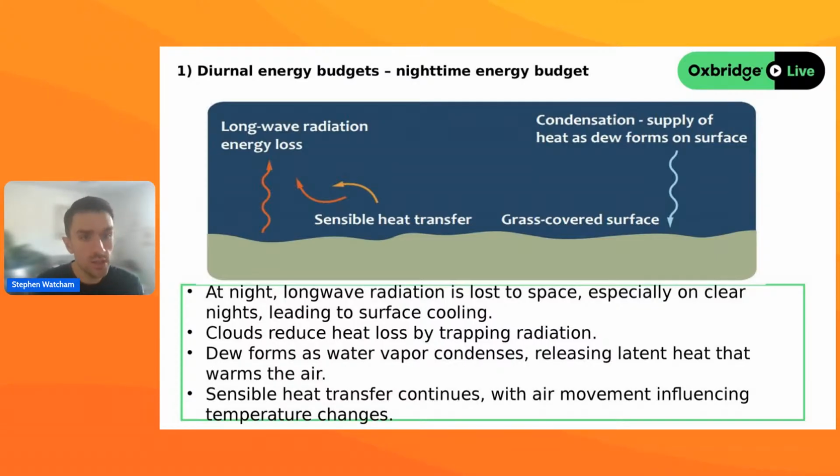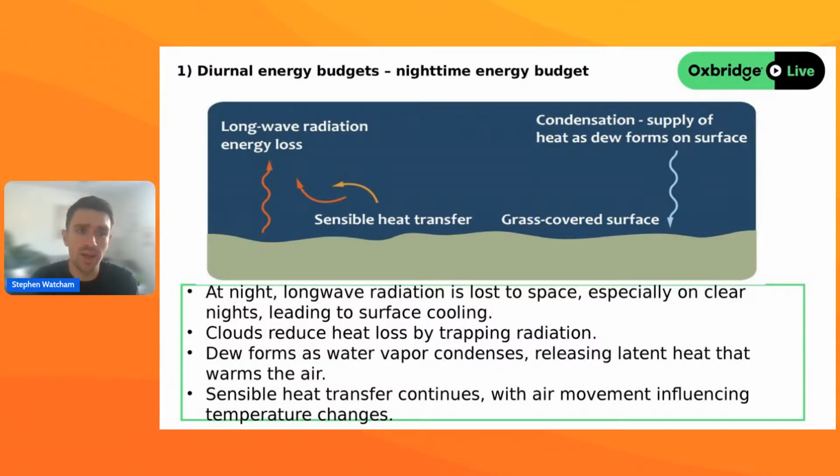When that heat does disappear, that's through sensible heat transfer, so just going from warm to cold, and we can often form dew. This is when the water essentially condenses because it's got cooler, and that water forms on vegetation. That's all we mean by dew.